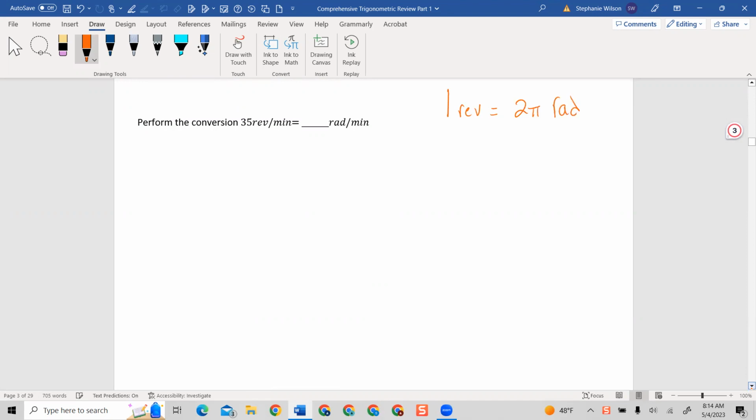So I'm going to take my 35 revs over minutes, and I'm going to multiply that by 2 pi over 1 rev. So now I'm able to reduce those out, and I'm left with the radians per minute. And it gives me 35 times 2, which is 70.